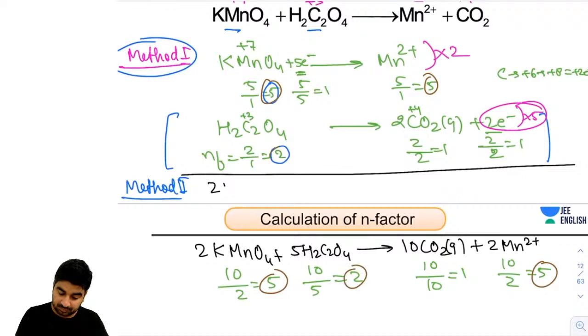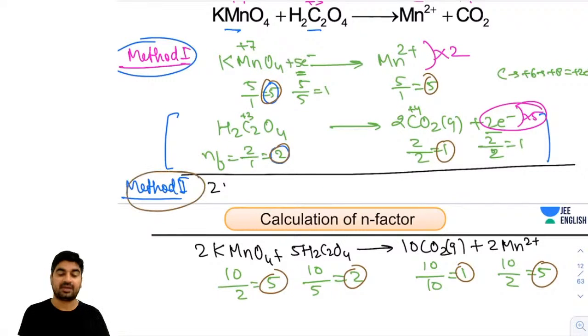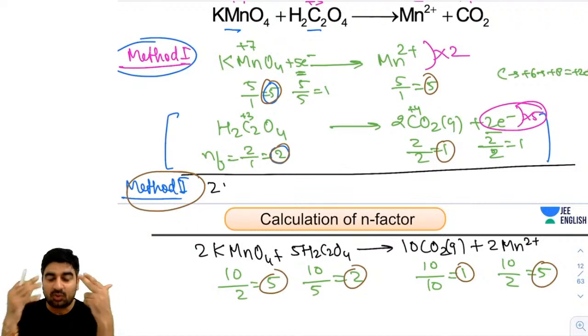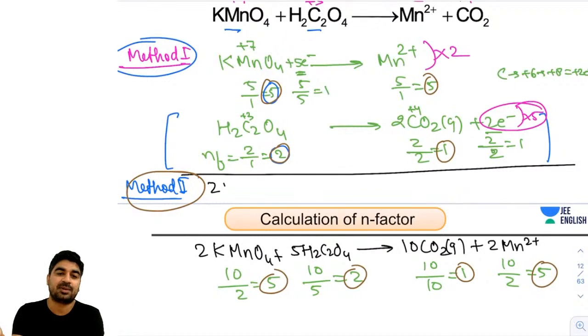Again, this is 2, this is 2, this is 1, this is 1. All n factors are the same. So guys, method 2 would be the best, because if you are using method 2, you don't have to think whether it is simple redox, whether it is decomposition, or whether it is disproportionation. So I would suggest you use method number 2, right?